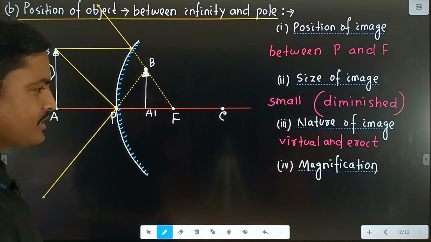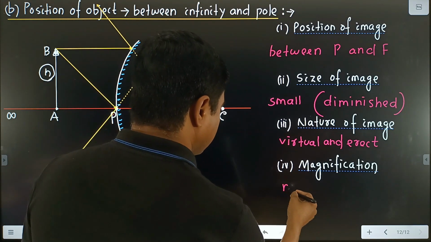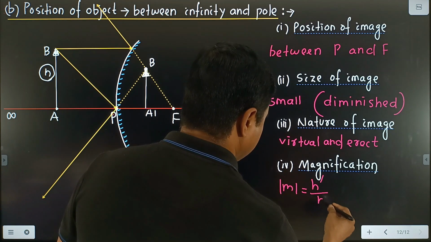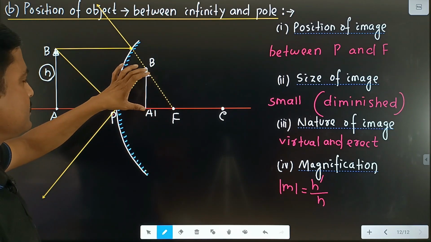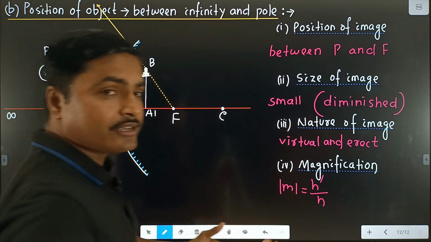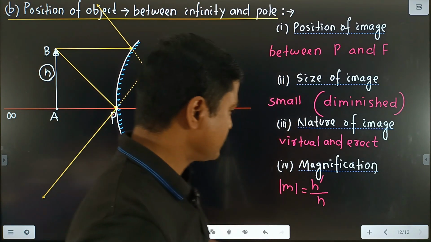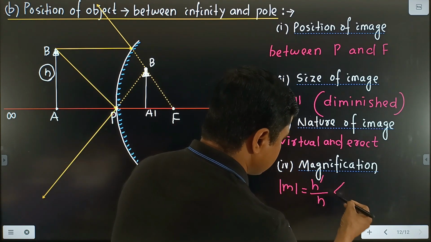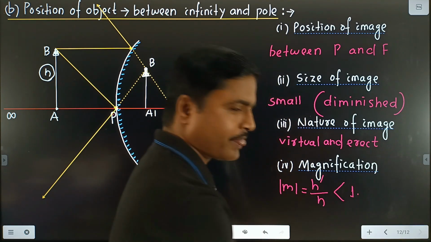And what is the magnification? The magnitude of the magnification is H prime divided by H. Here the size of the image is small as compared to the size of the object. So a small quantity divided by a large quantity means less than 1. Clear?